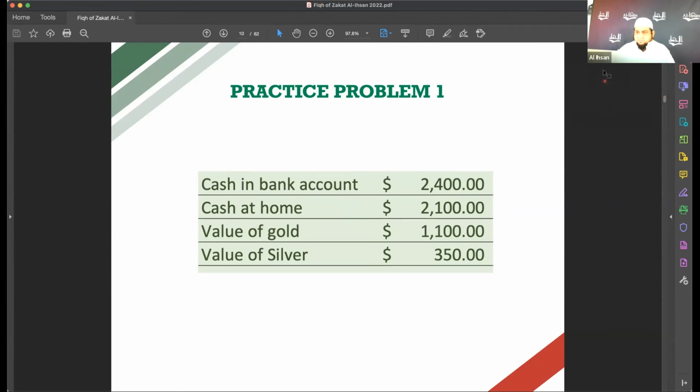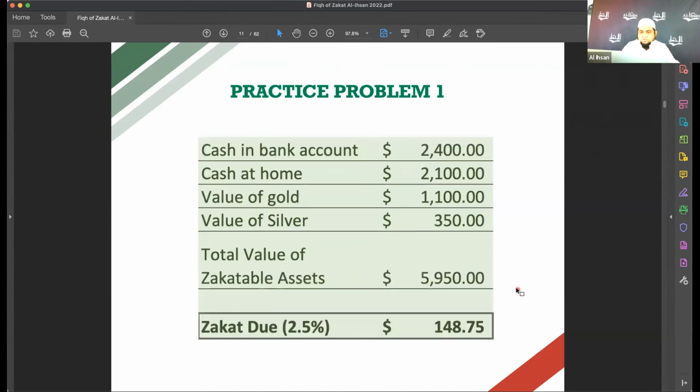Okay, we have some answers coming in. So this is what we're looking at. Everything in this list is zakatable. So all you have to do here is just add them up and calculate 2.5% for those. That is your amount of zakat, $148.75, as some students correctly submitted.